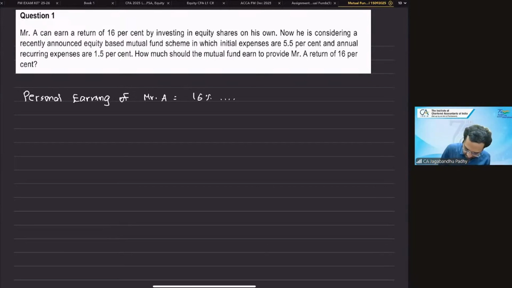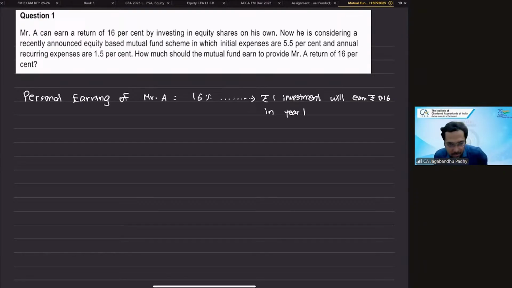So this simply means 1 rupee investment will earn rupees 0.16. So 1 rupee investment is going to earn rupees 0.16 in 1 year. Or I can say in the first year, 1 rupee of investment is going to earn 0.16.